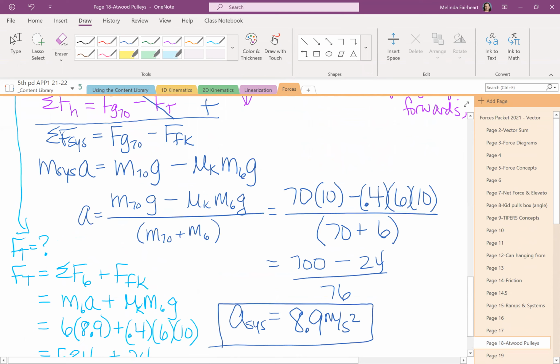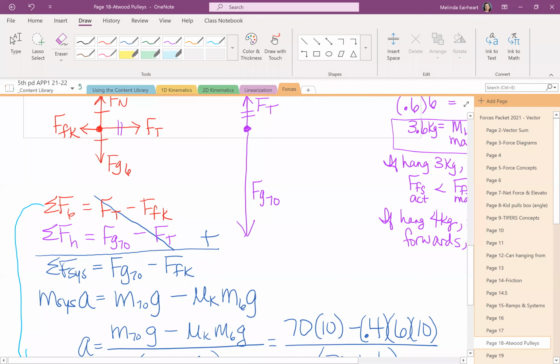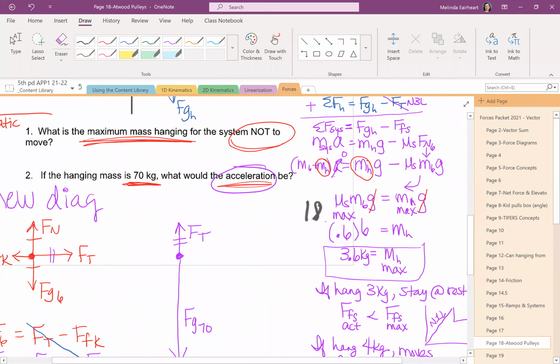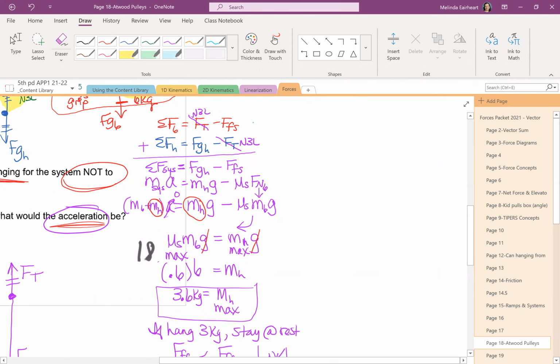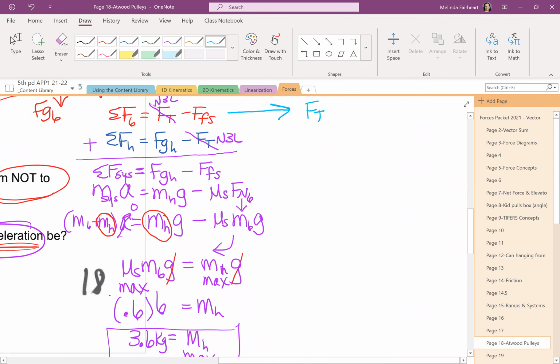Okay, let's go up here, back to at rest. I'm going to go find those equations. And just for consistency, let's use the same 6-kilogram tabletop block, but now we're at rest. We're back at rest. And so tension is going to still be F net plus friction, but now it's static friction.